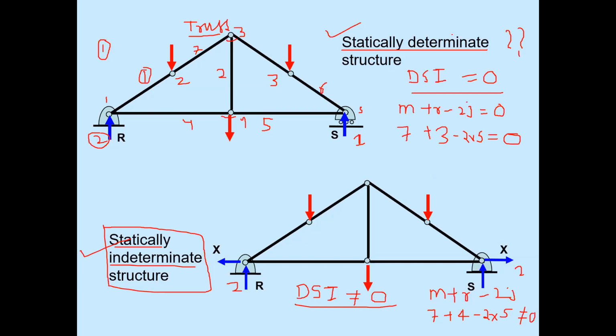So the first thing that comes to mind, whether a structure is determinate or indeterminate, you just have to calculate the value of DSI, whether it is equal to 0 or not equal to 0. In your basic structure analysis, you have read these kinds of formulas to determine whether a structure is statically determinate or not.